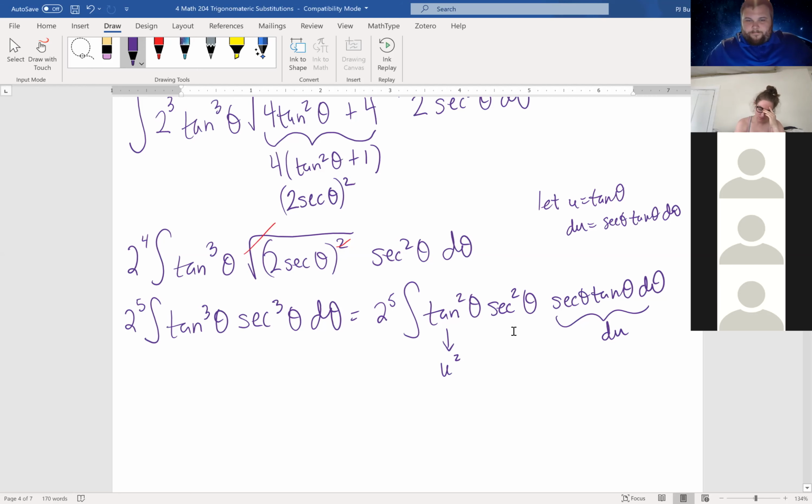All right. So we've just got to figure out what to do with this secant squared, right? So someone have a suggestion? Someone I haven't heard from today probably would be nice.